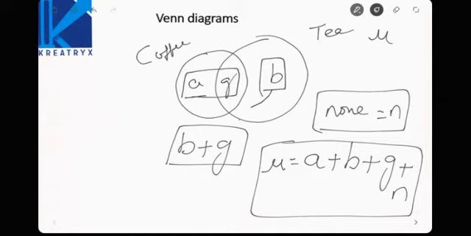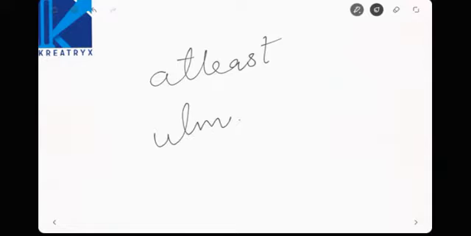Apart from this, we have to remember two more terms. One is at least, and the next one is at most. At least means you have to start from the minimum number.